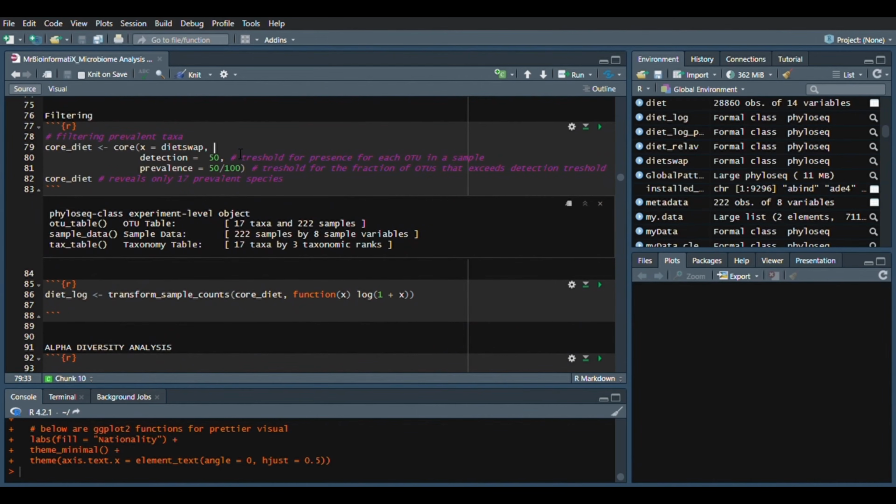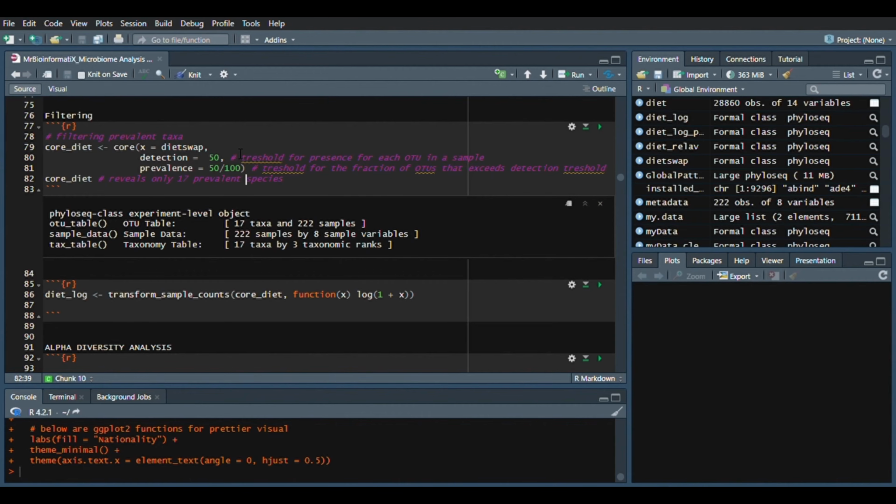So, we write core diet, and then core x equal diet swap, detection equal 50, as a threshold for presence of each OTU in a sample, and prevalence 50 over 100. This is the threshold for the fraction of OTUs that exceeds the detection threshold.